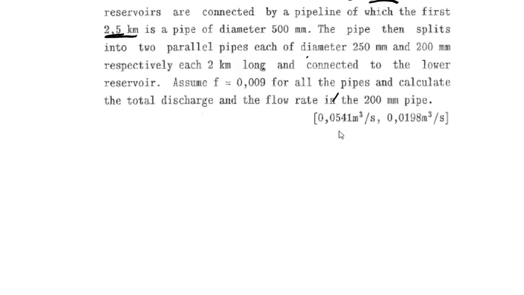First of all, let's get a clean slate here. We have to start with our picture of the problem. We have a reservoir and a pipeline connected to this reservoir.